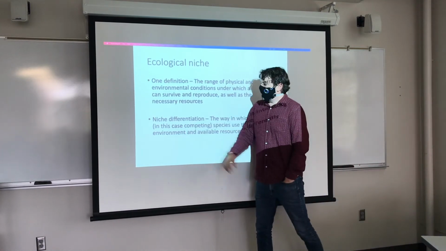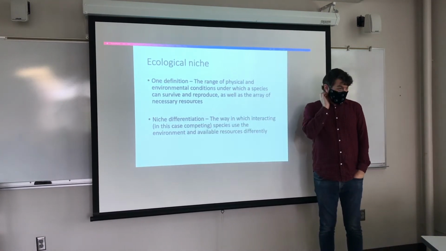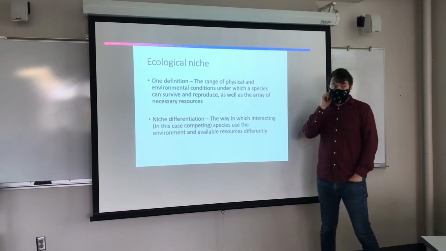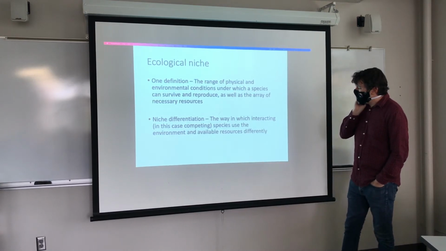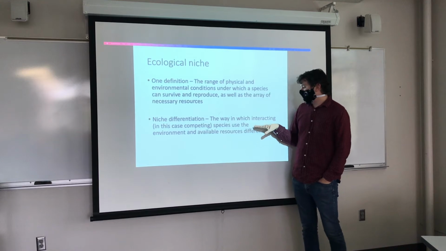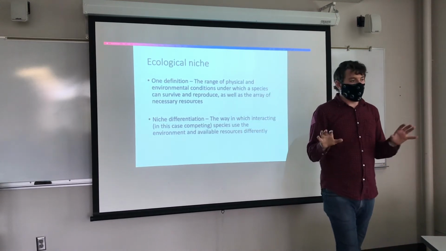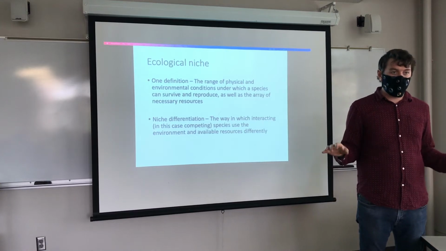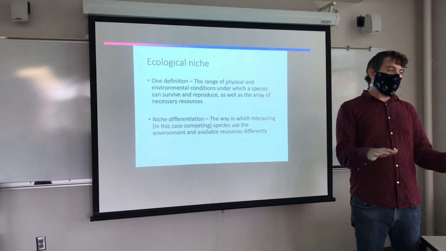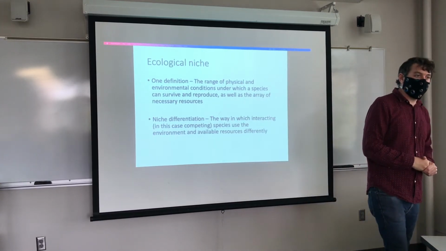This other term, niche differentiation, that you'll be thinking about when you read about adaptive radiations, refers to the way in which two competing species use the environment and available resources in different ways. So if you have niche differentiation, they're not going to be using the resource in exactly the same way.